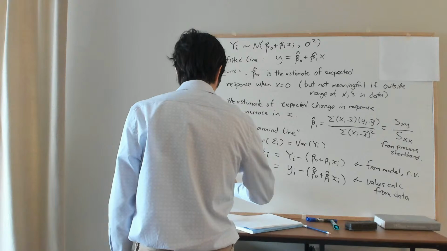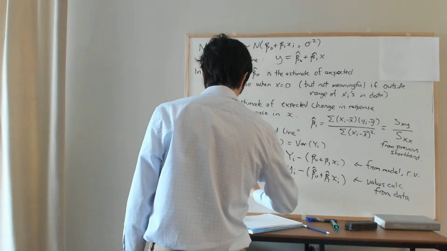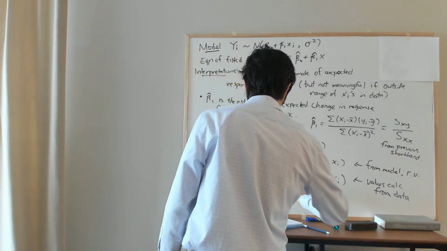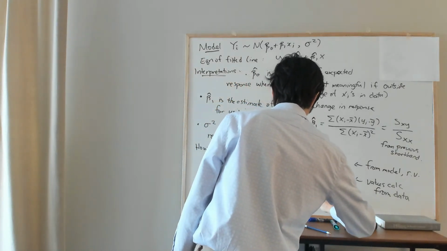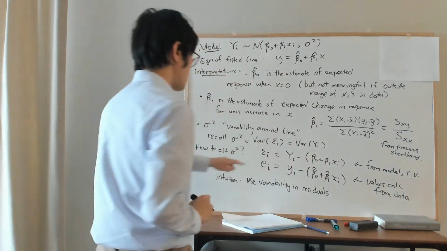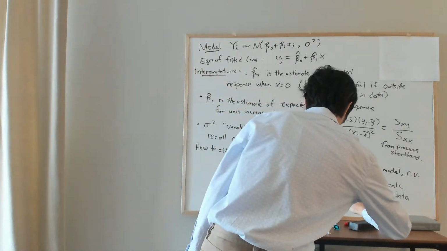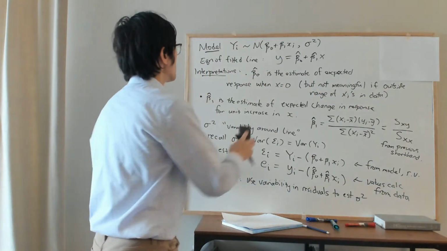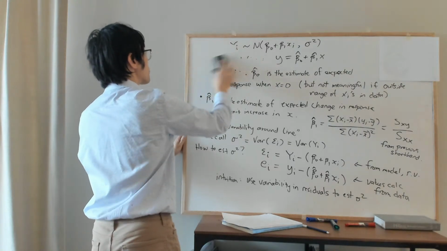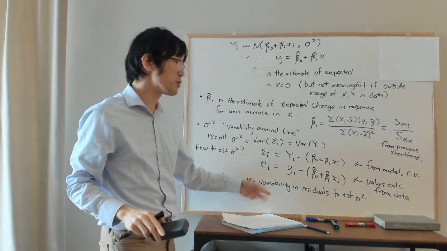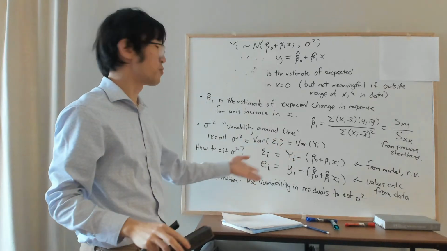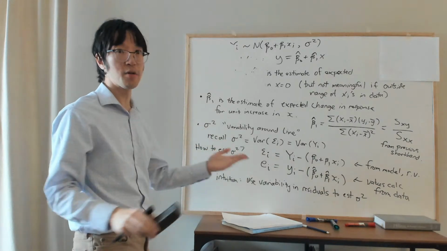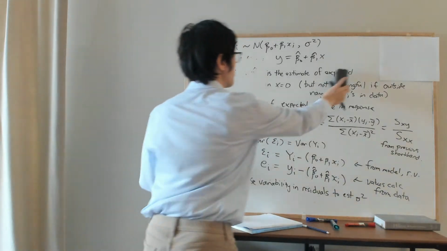So the intuition is that we will use the variability in our residuals, those are the e's, to estimate sigma squared. In fact, the variance in the residuals should be a pretty good guess of what the actual variance is. Again, we're going to use the sample to estimate this parameter.